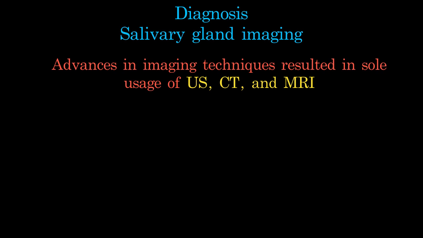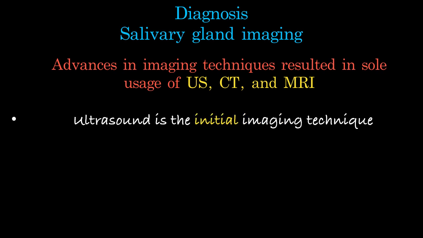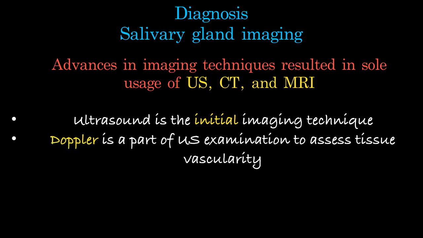So we have to settle something: for a patient that has salivary gland disease, if I need some investigation after my clinical examination, I would go first of all for an ultrasound examination. I will do a Doppler ultrasound, and the Doppler now is an inherent part of the ultrasound examination. What I mean with Doppler, it assesses the tissue vascularity.